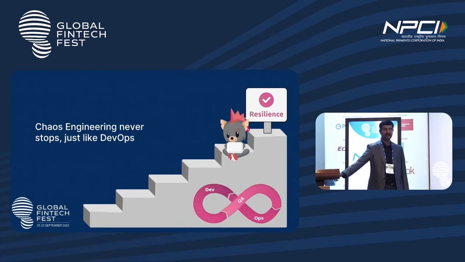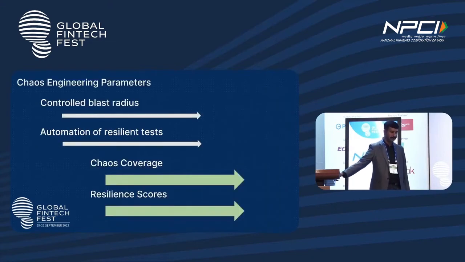So your DevOps cannot stop. Similarly, your chaos engineering cannot stop. That's why it needs to be thought of as a new culture, new investment, and DevOps teams need to budget for chaos engineering if you're really serious about taking resilience on a higher scale path, right?